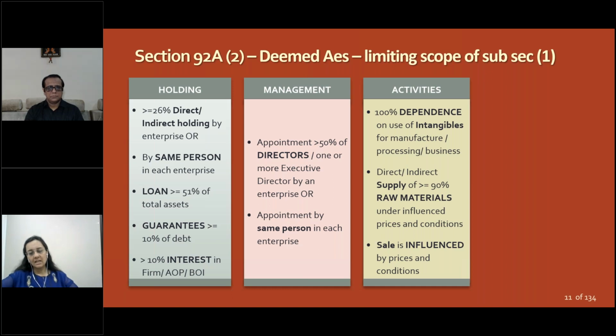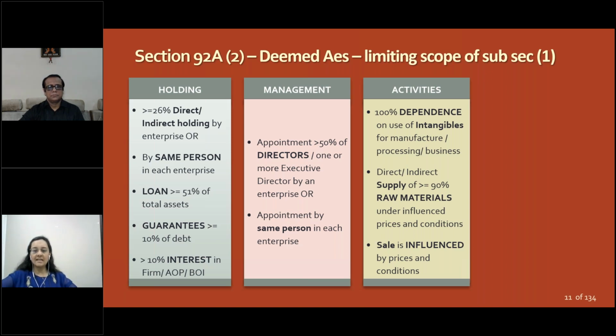In such a case, the hotel business that the entity is doing, who owns the real estate, is not 100% dependent on the intangible or the brand of the hotel that it is using for the time being. And therefore, since it is not 100% dependent, it can be said that they are not AEs. So for example, Sheraton and the entity doing the hotel business in India are not associate enterprises because the Indian entity is not 100% dependent on the Sheraton intangible.